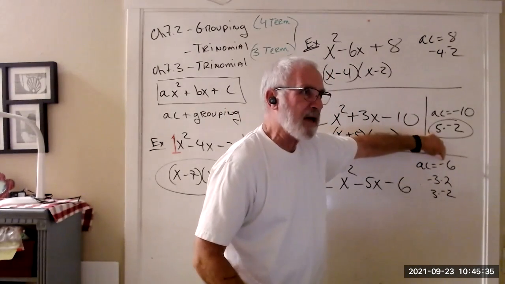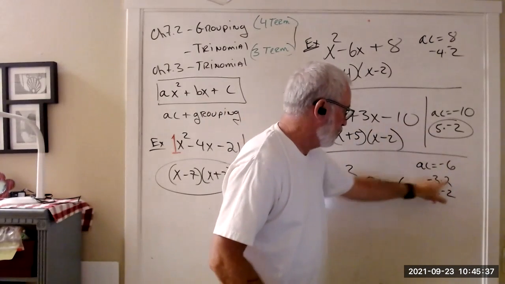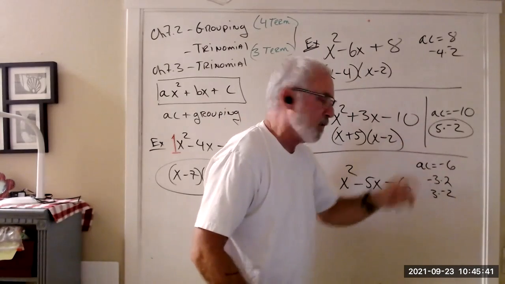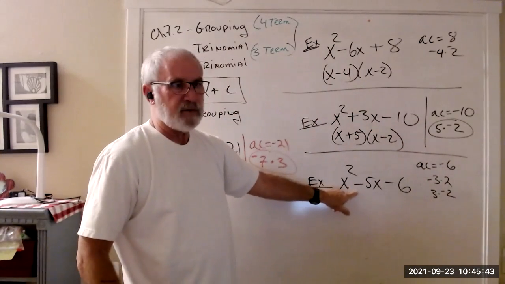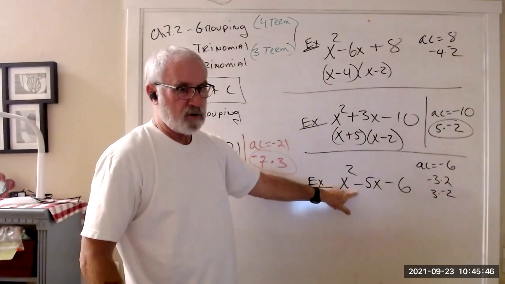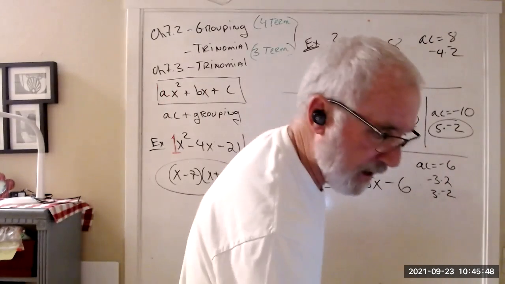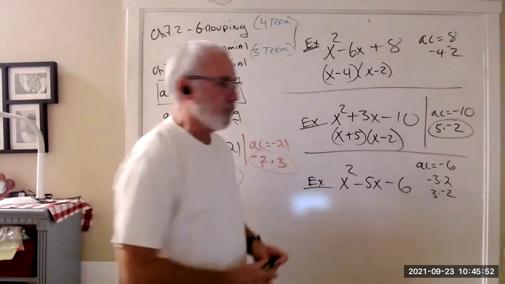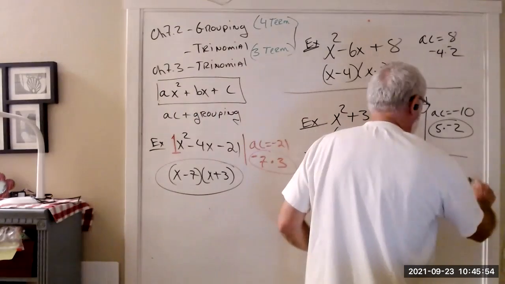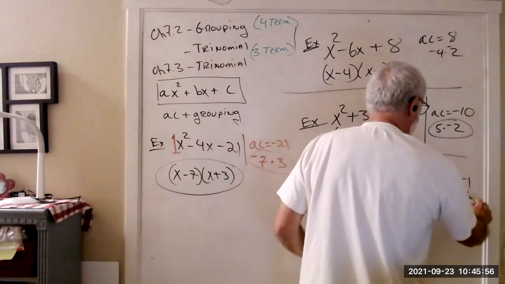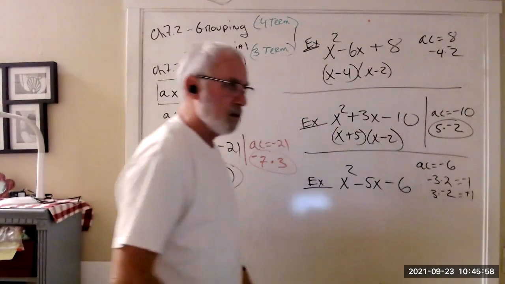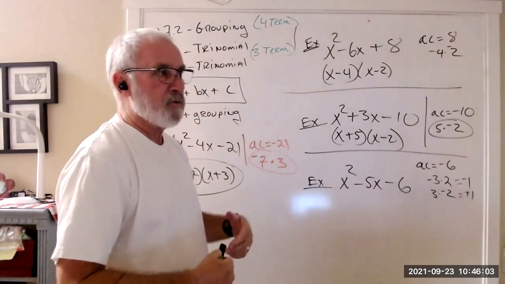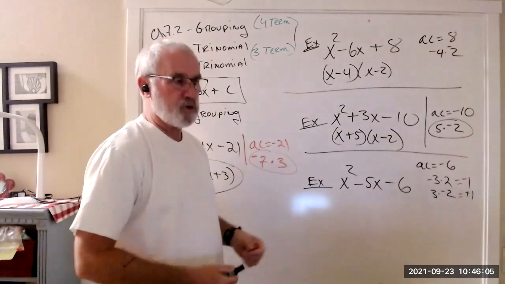But what do they add up to? Do 3 and 2, or negative 3 and 2, whichever order, add up to negative 5? The answer is no, they don't. The first one adds up to negative 1. The second one adds up to positive 1. So beware of your first assumptions.